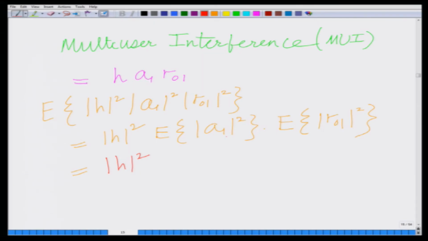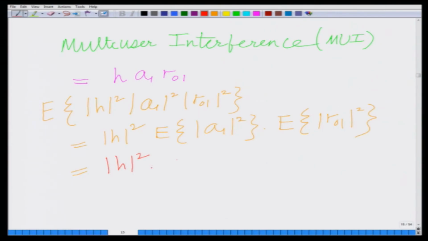Expected value of magnitude A1 square is the power P1 of user 1, and expected value of magnitude R01 square equals 1 over n, which is what we already saw. Therefore, the multi-user interference power is magnitude H square times P1 divided by n.